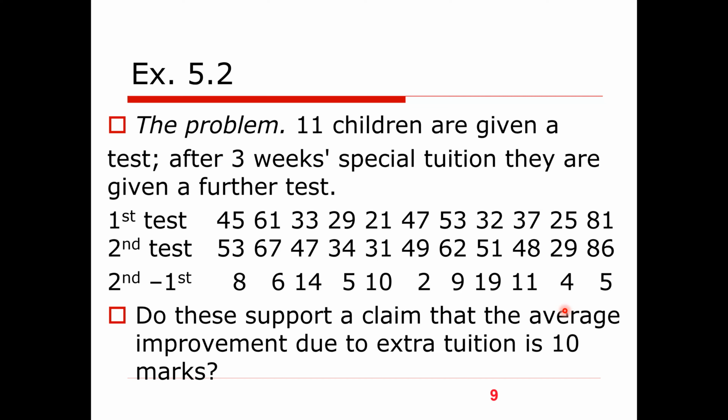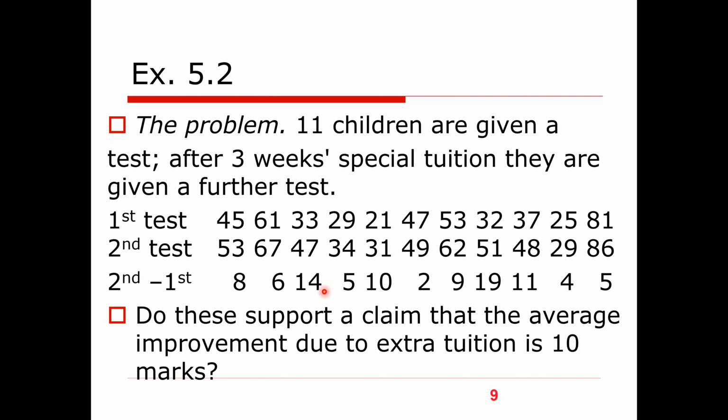So 11 children take a test before a tuition and each of them gets a score. And then they take an extra tuition as training. After that, they take another test, which is a post-test. And all of them got their scores improved.